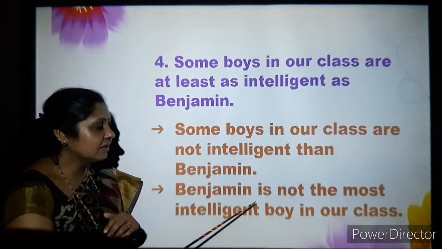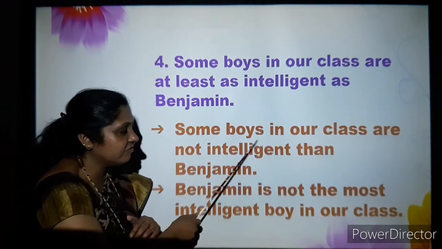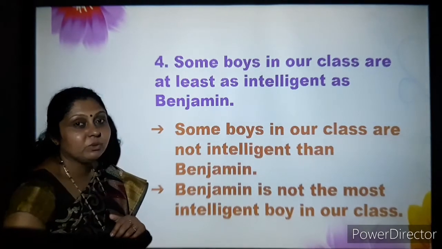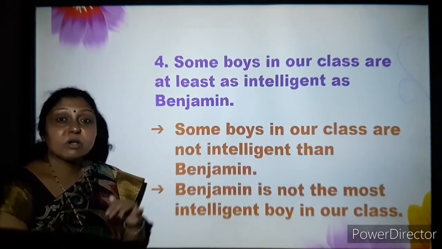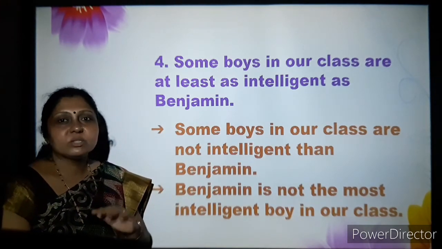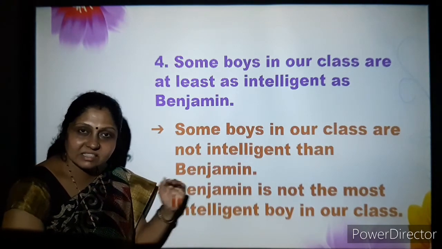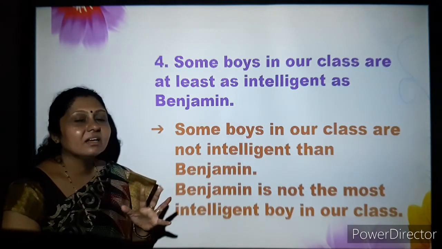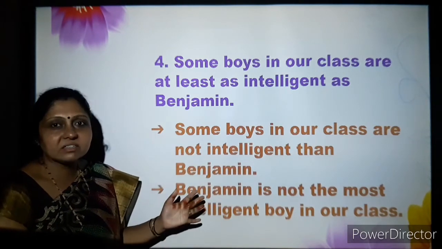In these two sentences you have negative usage, because you cannot tell that he is the most intelligent, as there are some boys who are almost equal to him. So that's why this usage is given. This is the rare way of comparison, and it is a little bit tricky, and it can be asked in your first language exams. That's why I have taken this example.